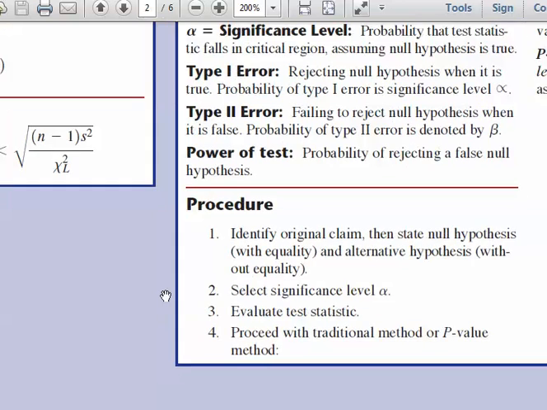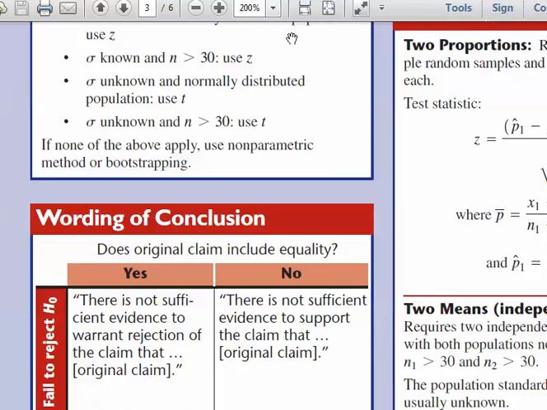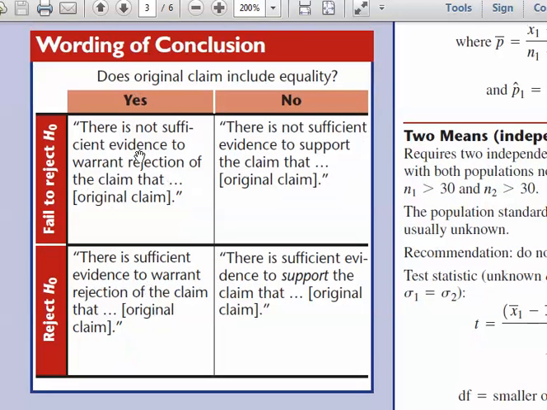Okay, so let me go back to that part. We're going down this column. We just decided that we're going to fail to reject the null.